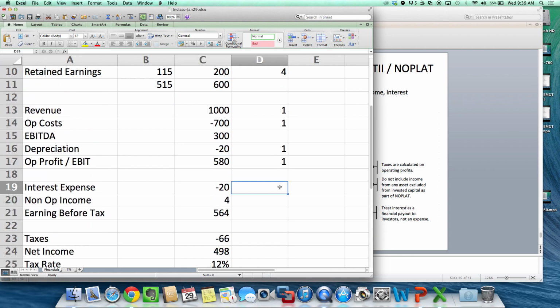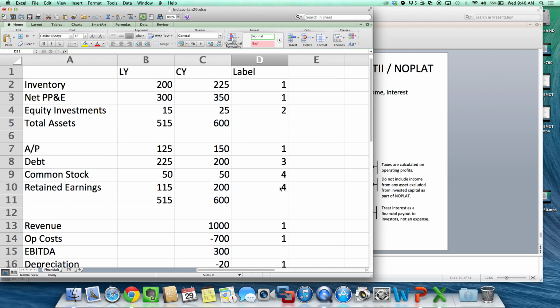Interest expense. 1, 2, 3, or 4 on the labels. Three, because it comes from the debt. It's what we're paying back to the debt holders. Non-operating income. 2, where does the non-operating income come from on the balance sheet?